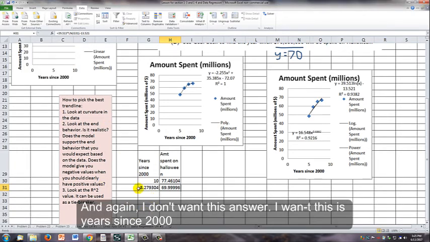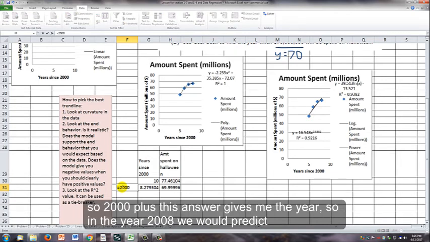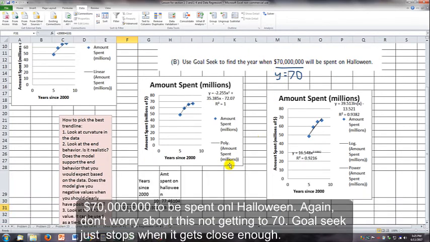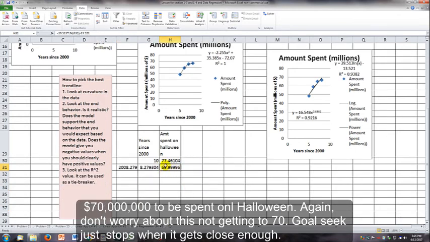And then again, I don't want this answer. This is years since 2000. So 2000 plus this answer gives me the year. So in the year 2008, we would predict $70 million to be spent on Halloween. Again, don't worry about this not getting to 70. Goal seek just stops when it gets close enough.